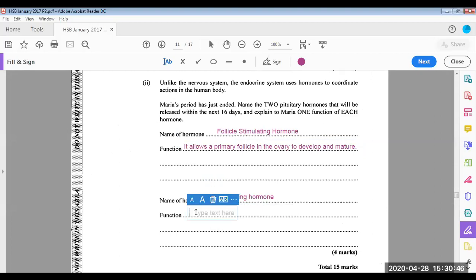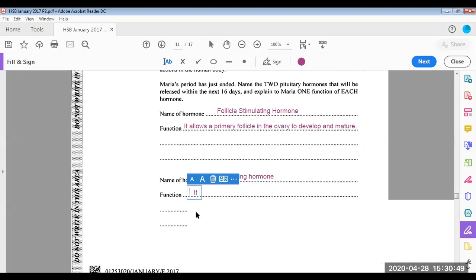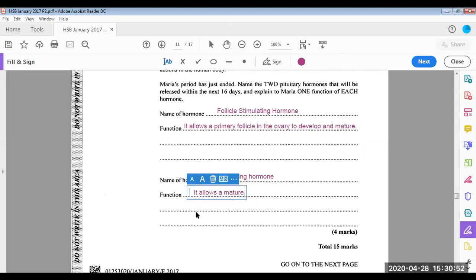The function of luteinizing hormone is it allows a mature egg to leave the ovary and enter the oviduct. This is known as ovulation, right? So these are the 2 pituitary hormones, FSH and LH. Not estrogen, not progesterone. Those 2 hormones are in the ovary itself. These 2 are secreted from the pituitary gland.